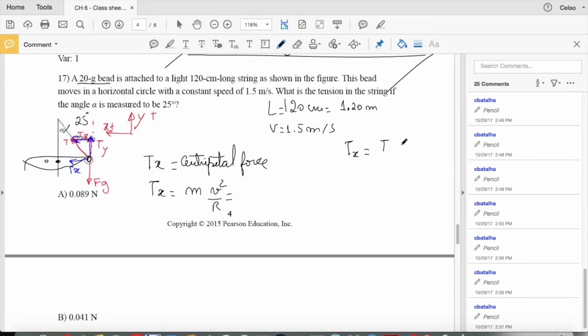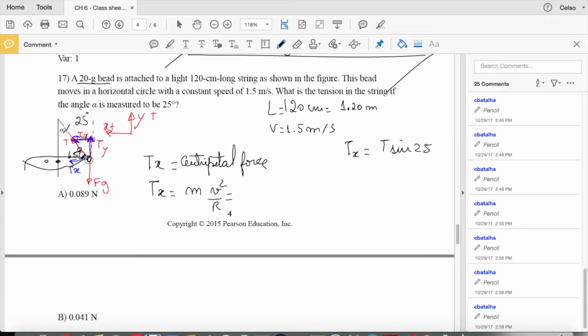T sine of 25. How do I know that? Well, if you play around with your geometry, alpha is 25 degrees, so the angle down here is 65 degrees.